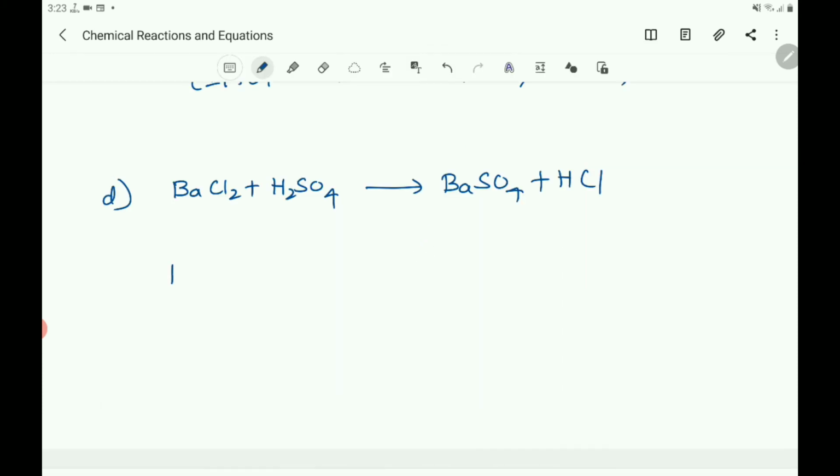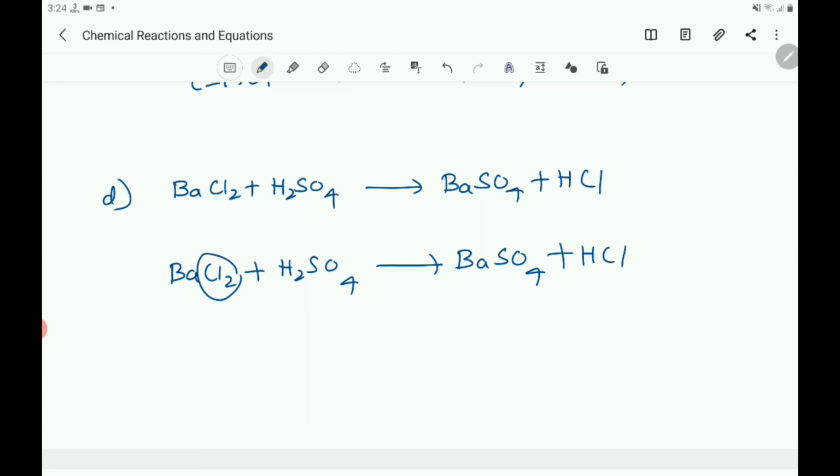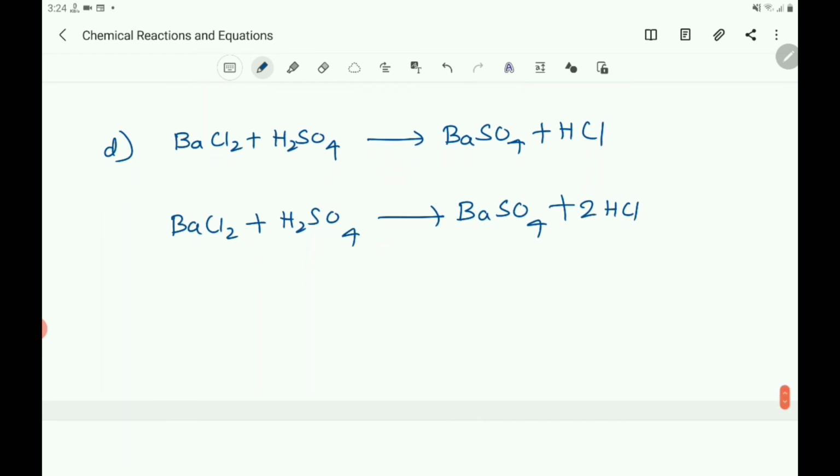So you write once again BaCl2 plus H2SO4 gives BaSO4 plus HCl. See, Cl2 is there, H2 is there, and directly you can multiply HCl by 2. Then you write this is 2HCl. In this way the equation is balanced. This is skeletal and this is balanced.